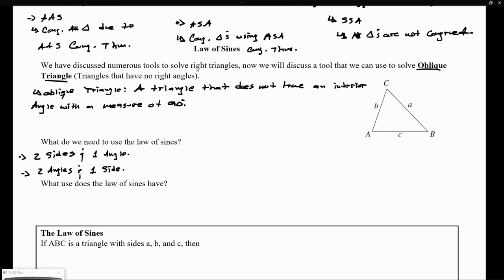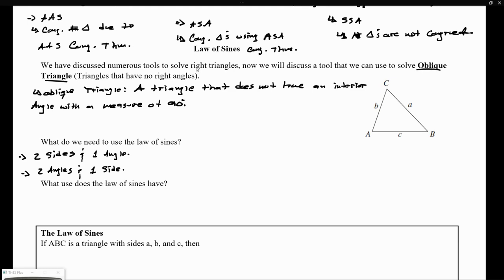Because in any triangle, there are three sides, which in this case are A, B, C, and there are three interior angles: angle A, angle C, and angle B. So if we have the measurement of two of the sides in the triangle and one angle, then we have enough information to use the law of sines.